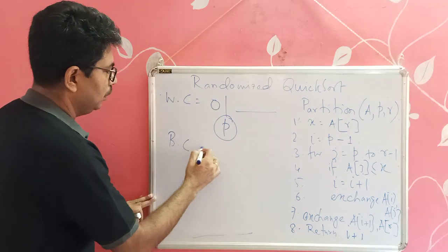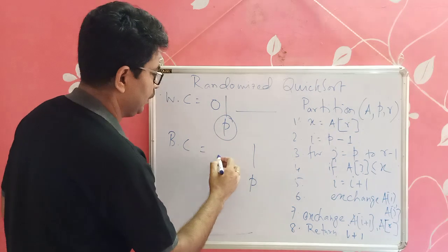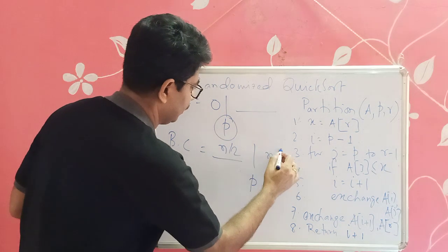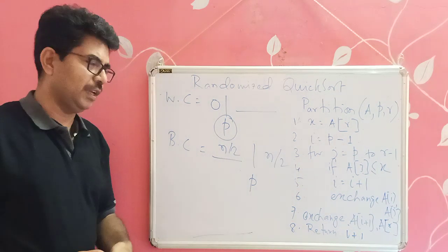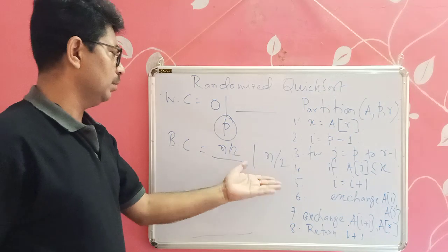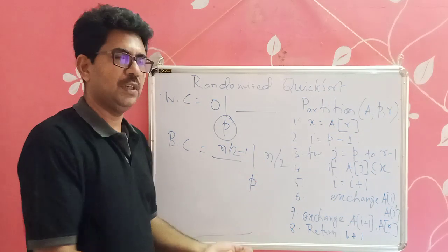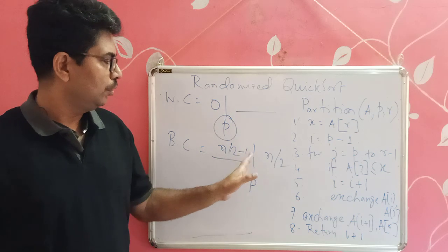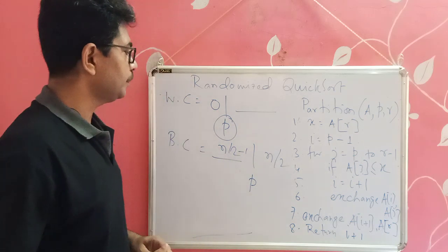Best case means the pivot element is placed here, with n/2 elements on each side. Let us consider p is 1, so here n minus 2 or something like that, but the order is n/2 minus 1.